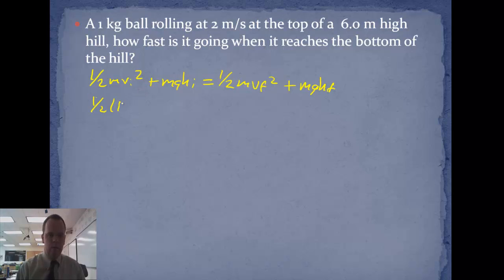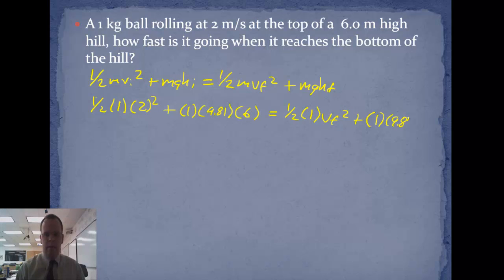So 1/2, 1 times 2 squared plus 1 times 9.81 times 6 equals 1/2 times 1 times v final squared plus 1 times 9.81 times 0. So 1/2 of 1 is 1/2 times 2 squared, which is 4, so this comes out to 2.